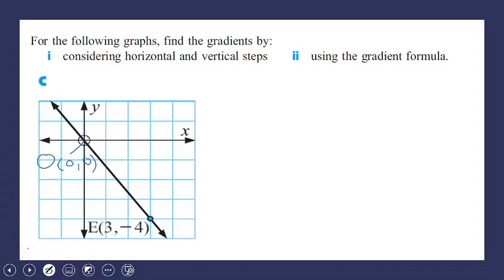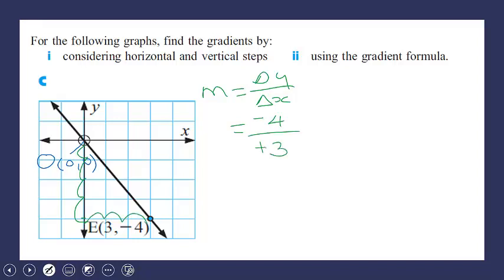So we're going to go from O to E. So we're going to go 1, 2, 3, 4 down. Okay, M equals change in Y over change in X, which equals 4 down is minus 4 over 1, 2, 3, 3 to the right, that's plus 3. So M equals minus 4 over 3.